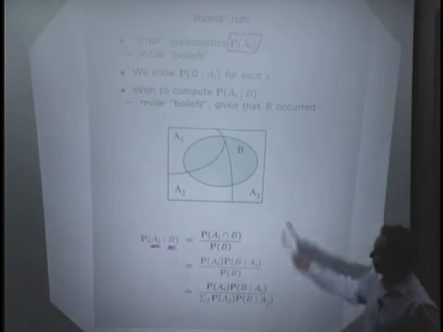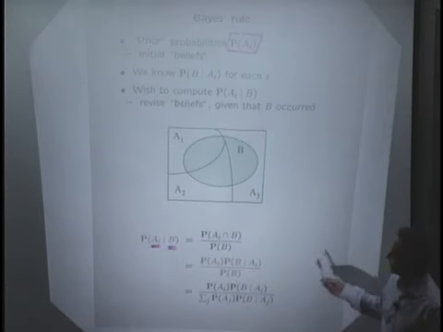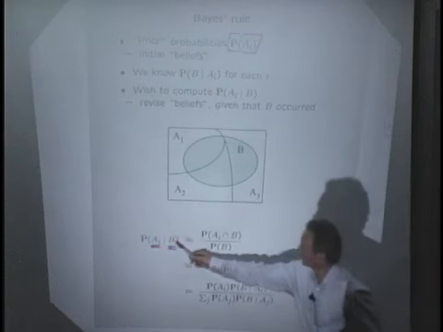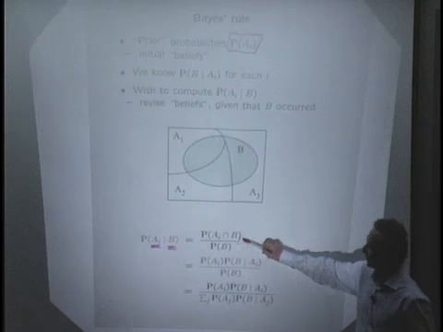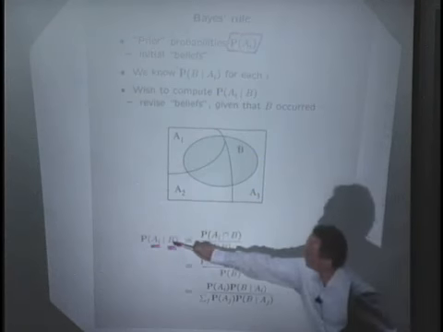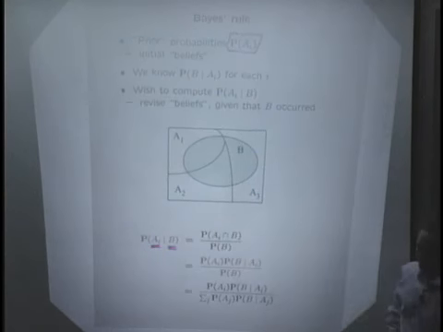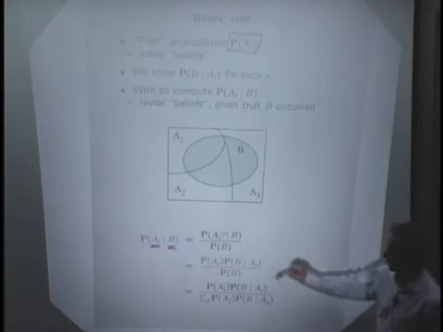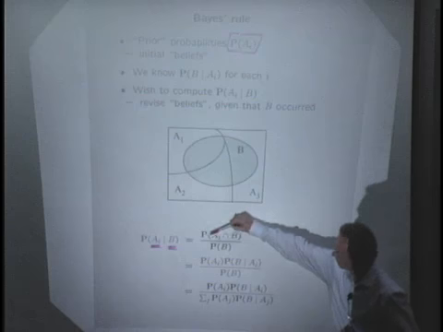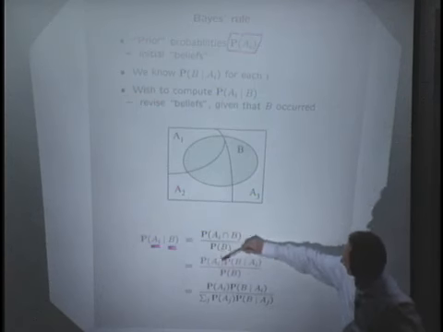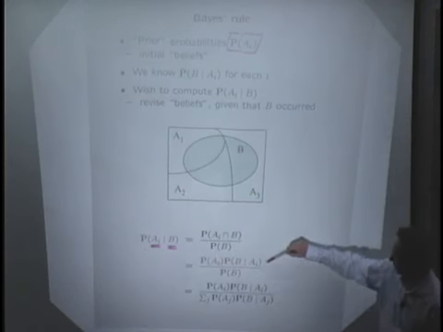Okay, so what do we do? We just use the definition of conditional probabilities twice. By definition, the conditional probability is the probability of 2 things happening divided by the probability of the conditioning event. Now I'm using the definition of conditional probabilities once more, or rather I use the multiplication rule. The probability of 2 things happening is the probability of the first and the second.